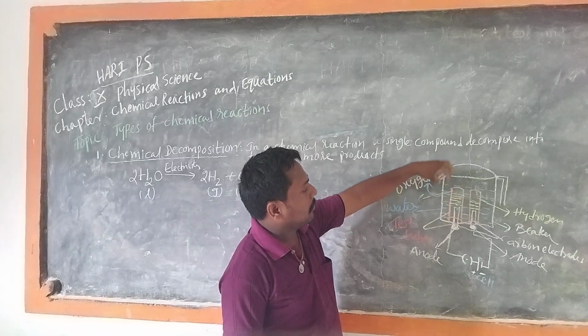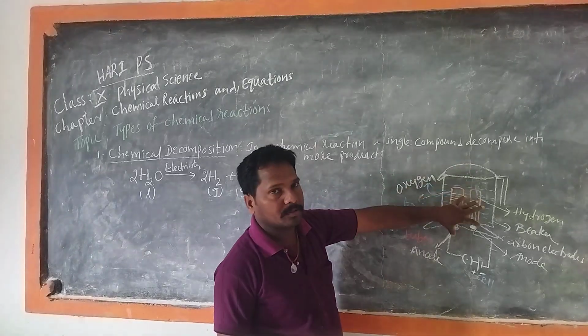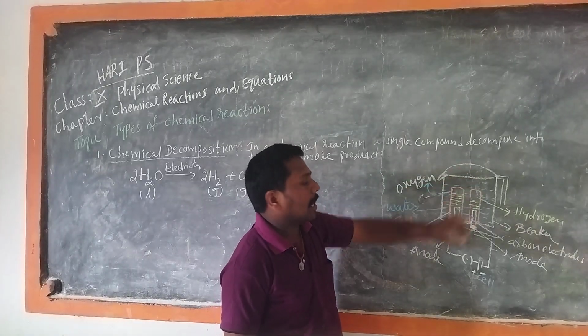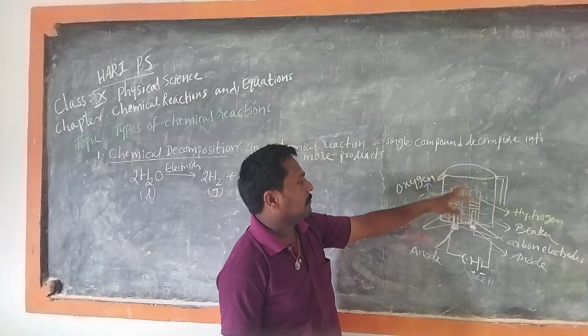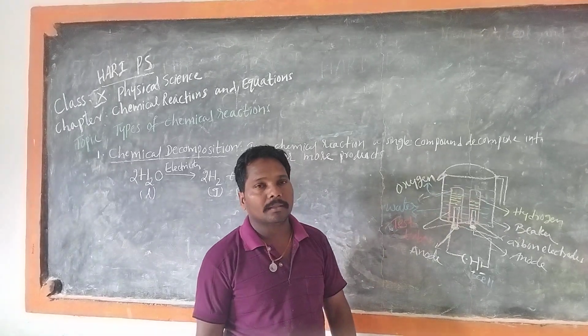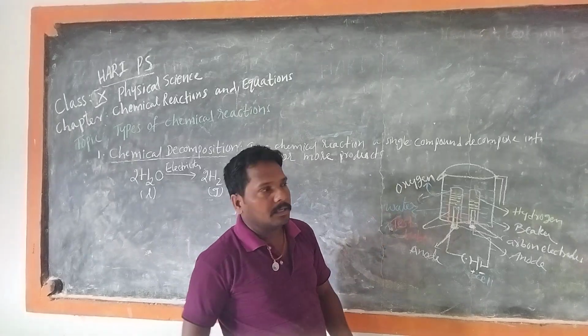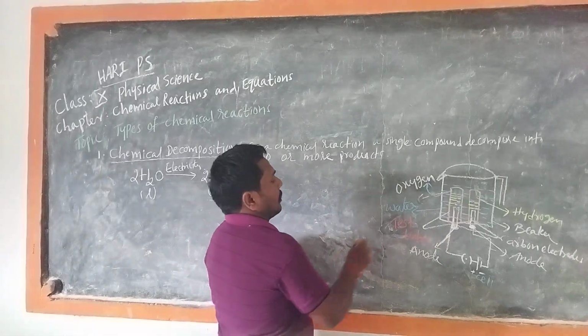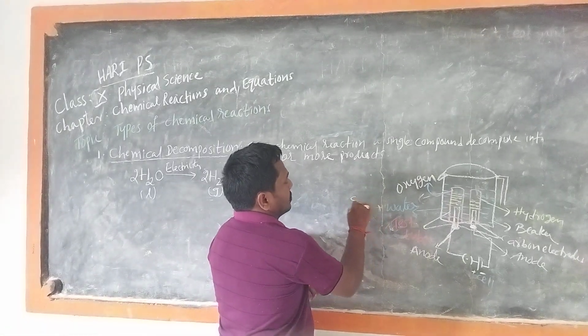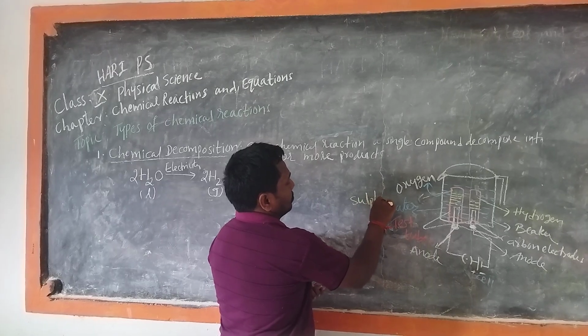Then invert the test tubes on the carbon electrodes. Then fill the mug or the beaker with water. Add a little amount of sulfuric acid also.